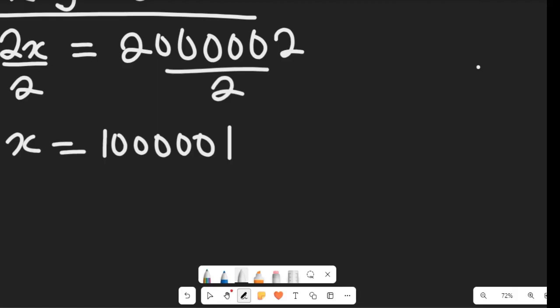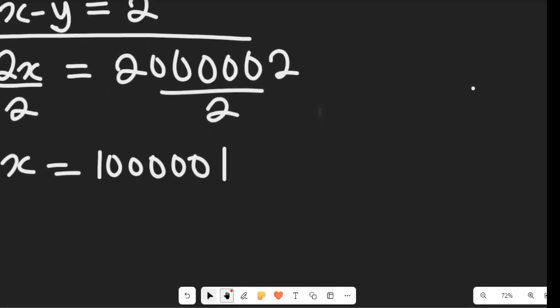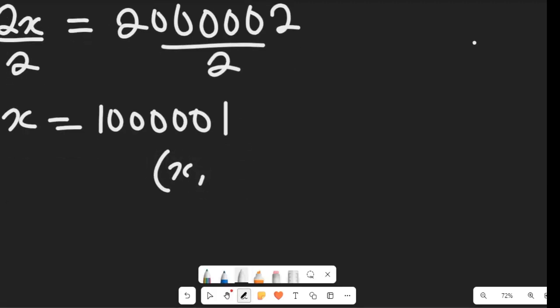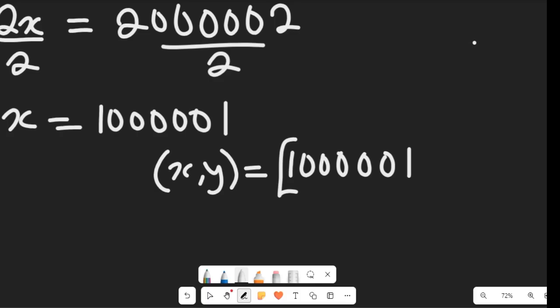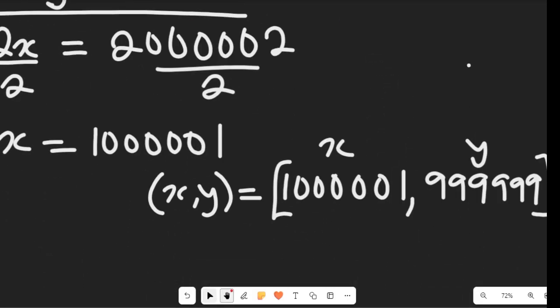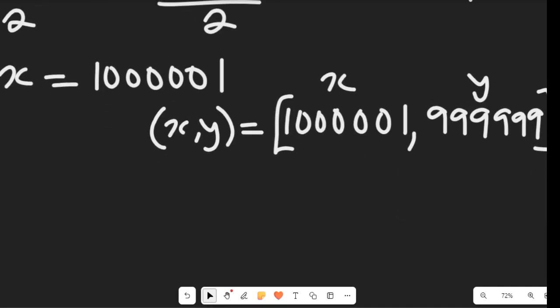So if I simplify the value of x, I'll have my pair of x comma y equal to 1,000,001 for x, and the value of y will be 999,999. This is the pair x comma y that comes out from that.